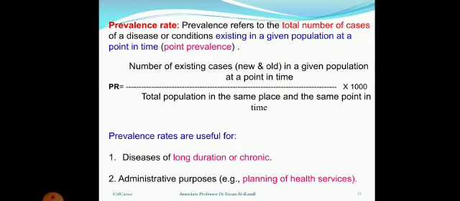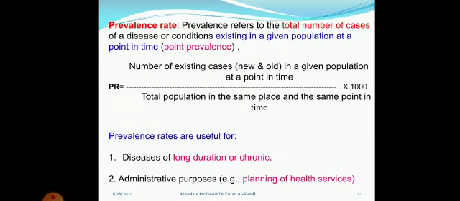The prevalence rate reflects the number of existing cases of the disease. How many individuals have diabetes this year? Or how many individuals have heart disease, hypertension, or coronary heart disease? They are already existing cases, accumulated cases, whether new cases or old cases.